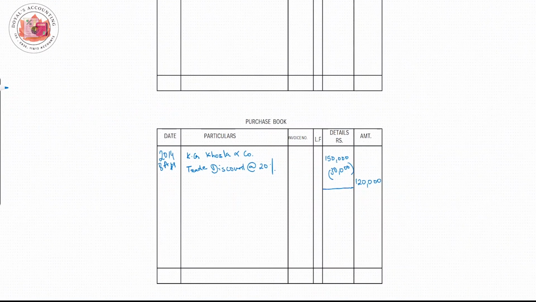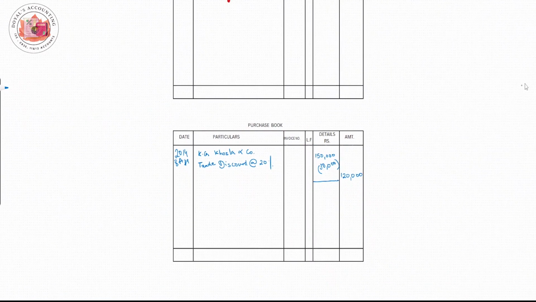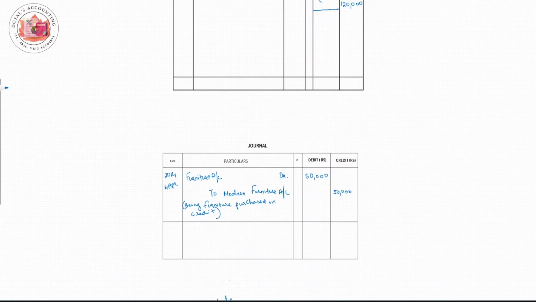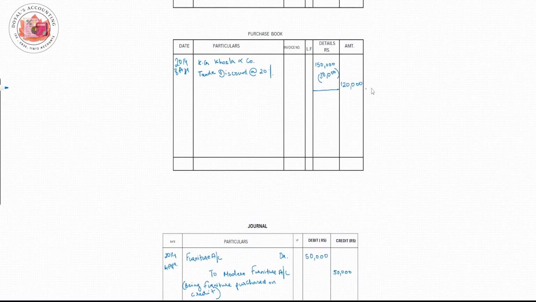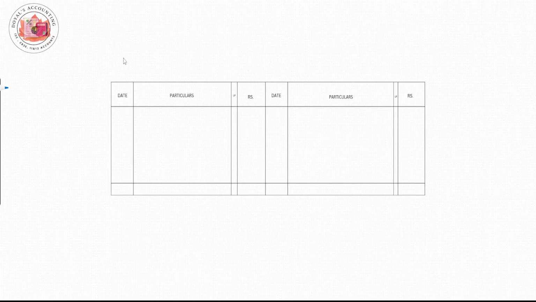Now we need to open a ledger account in the name of KG Khosla and Co. Recording is 1,20,000. Here is my debit side, KG Khosla and Co., credit side. Purchases account debit to KG Khosla.